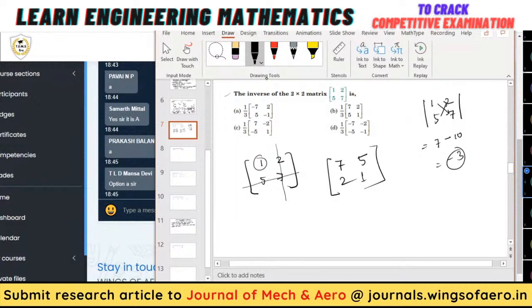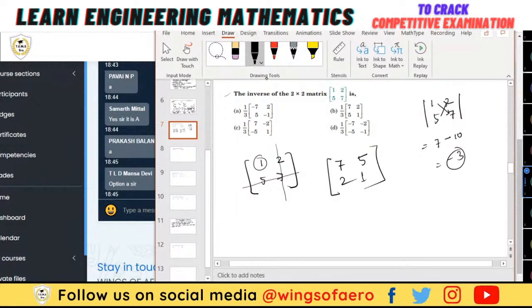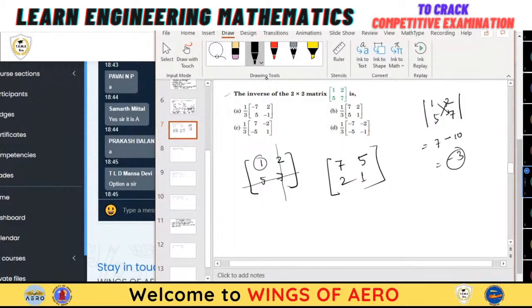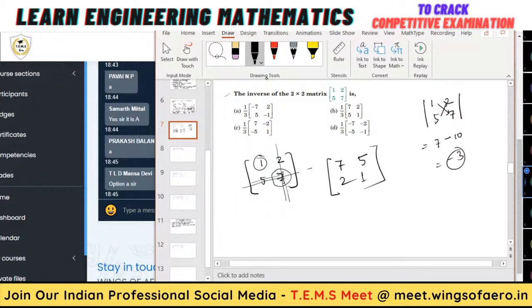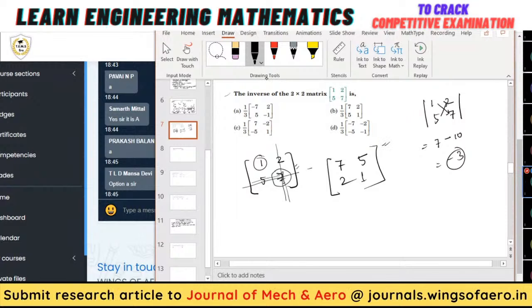Each and every element has its corresponding cofactor. If I find the cofactor of 7, this row and this column will be deleted, and the remaining element, this 1, will be the cofactor of 7.